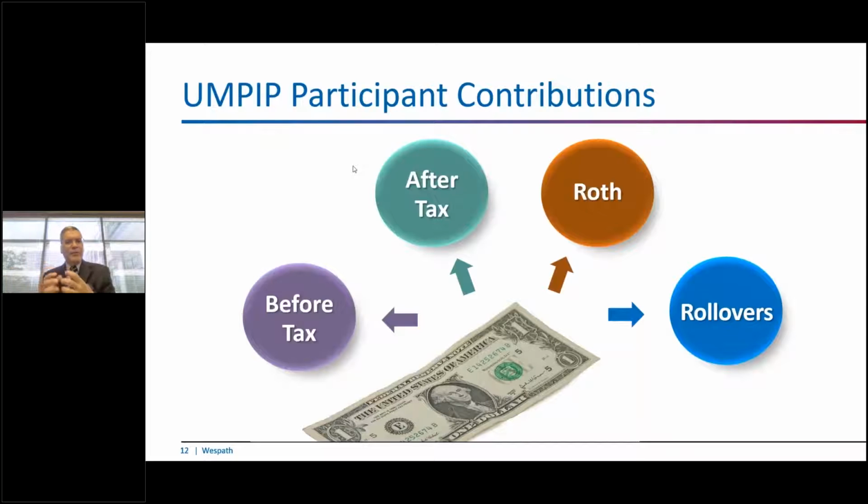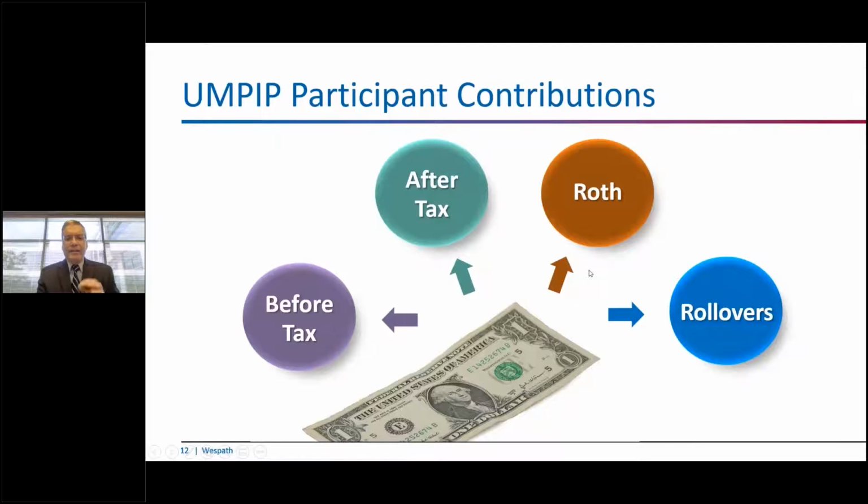What you're doing there is reducing your taxable income. Roth contributions are a form of after-tax contribution, but could be tax-free later on if it comes out as a qualified distribution. I mentioned the rollovers, the portability that's built in to these defined contribution plans. And then the last one that's usually considered is a straight after-tax contribution.